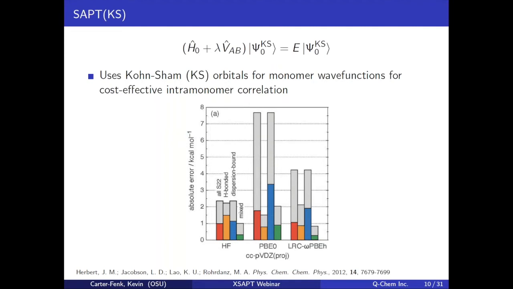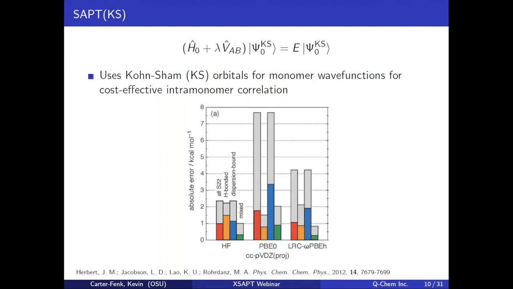So this is a figure from a paper out of our group in 2012, where HF here refers to the SAPT0 reference state of the Hartree-Fock wave functions, and the PBE0 and long-range corrected omega-PBE functionals were applied in the SAPT(KS) formalism.